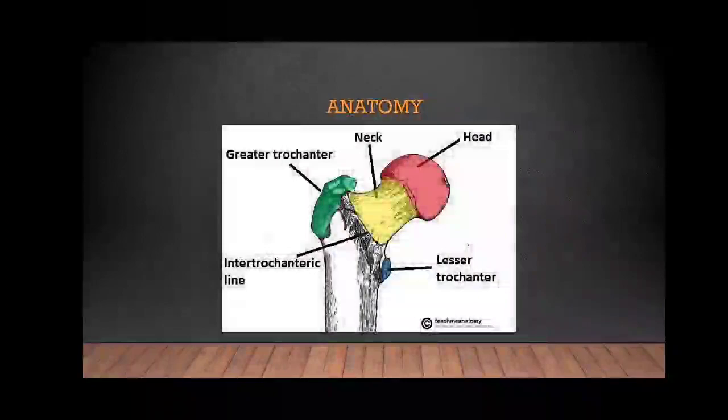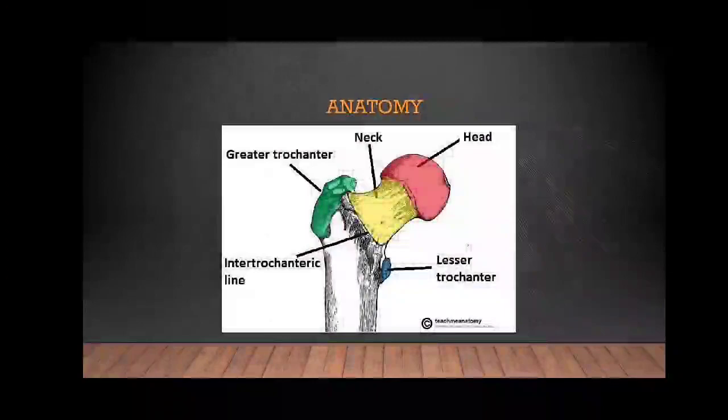Relevant anatomy related to the proximal femur: the red portion you can see is the head, so any fracture in this area is a head fracture. The neck area, in yellow, is where you get neck of femur fractures. At the intertrochanteric line there is an attachment for the capsule.